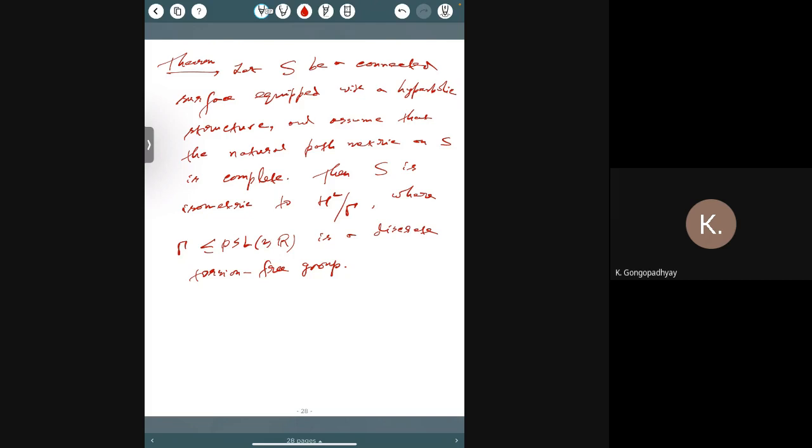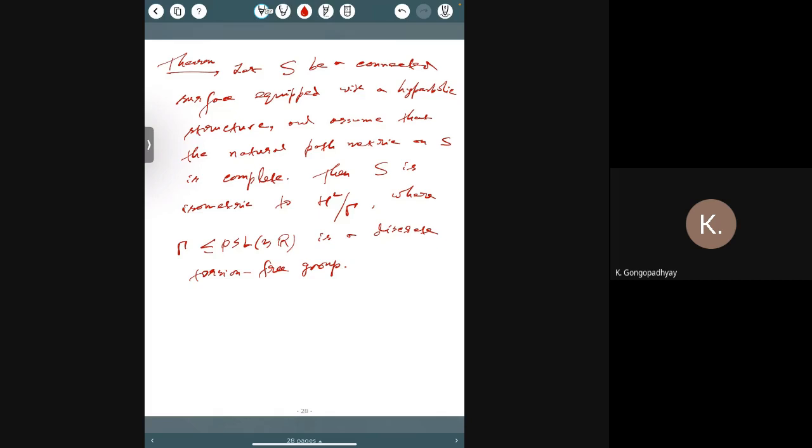But this theorem essentially gives you that all the surfaces where one can give a hyperbolic structure are modeled on the hyperbolic plane. And then you have the uniformization theorem that further tells you that most of the surfaces.